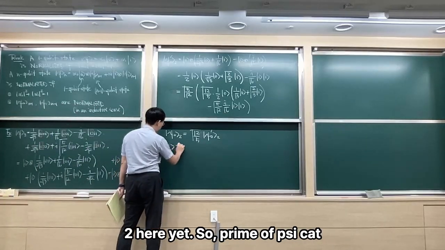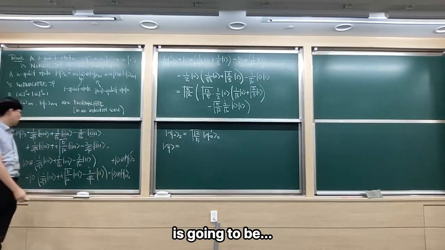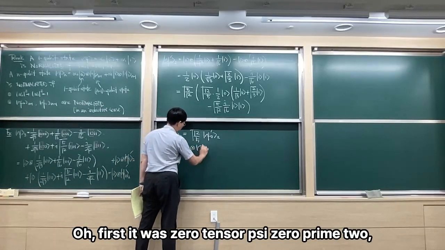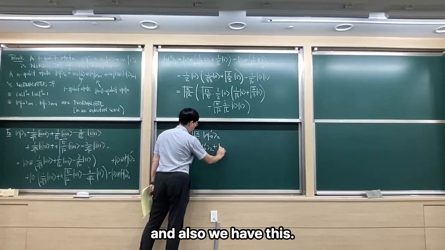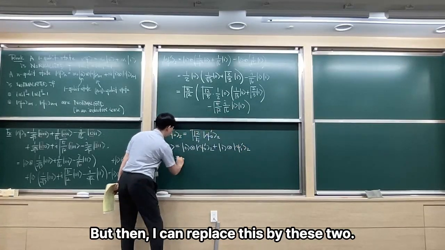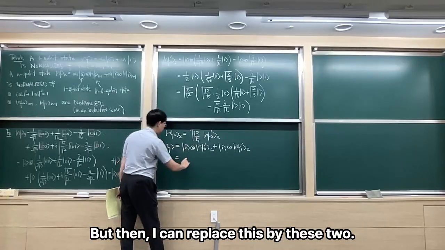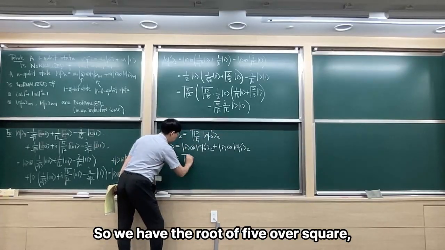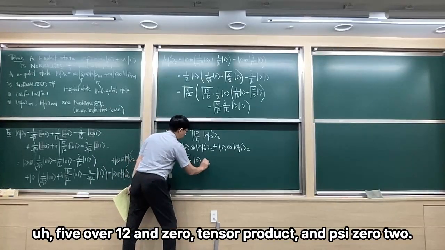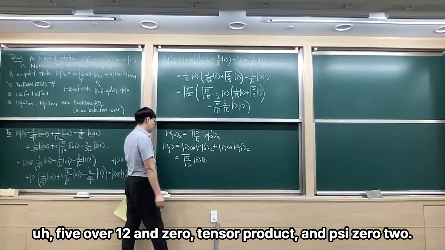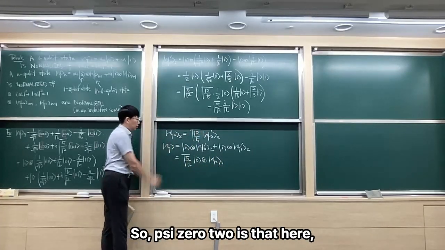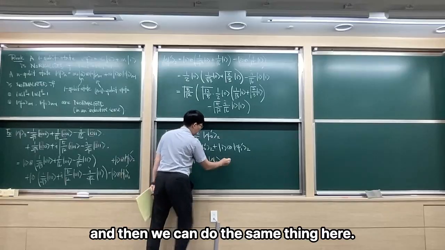So psi cat is going to be, first it was 0 tensor psi 0 prime 2. And also we have this, but I can replace this by these two. So we have square root of 5 over 12 and |0> tensor product psi 0 2. So psi 0 2 is here, and then we can do the same thing here.